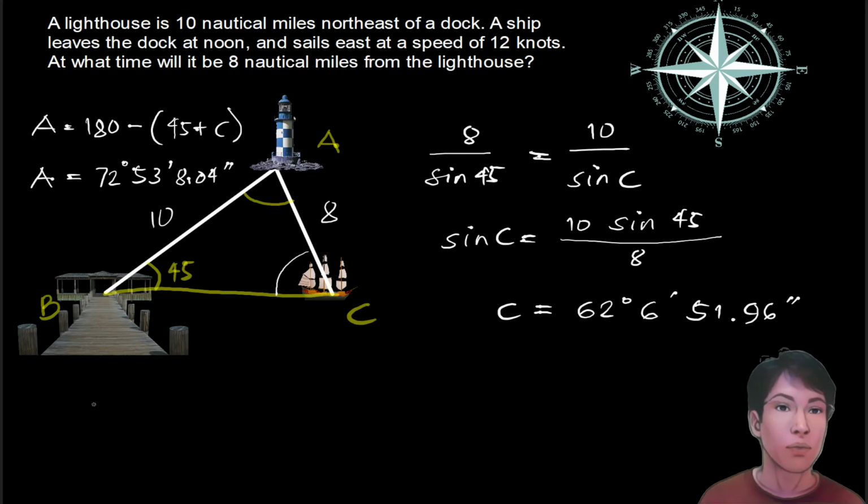And with that, we can now solve for this distance traveled by the ship when it is 8 nautical miles away from the ship.